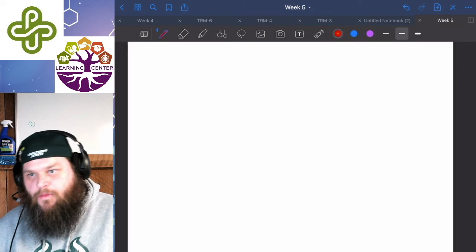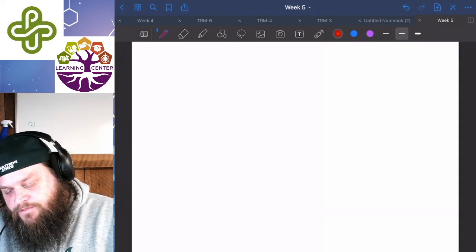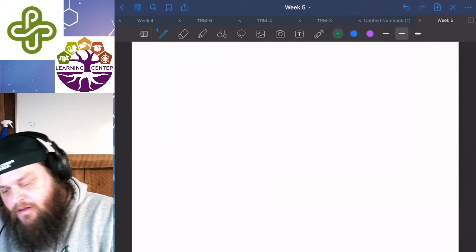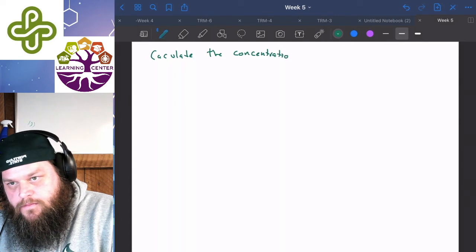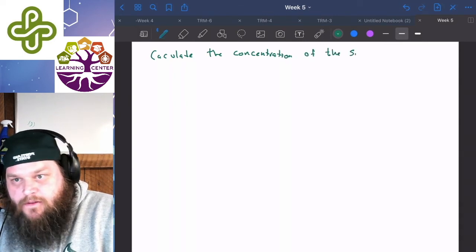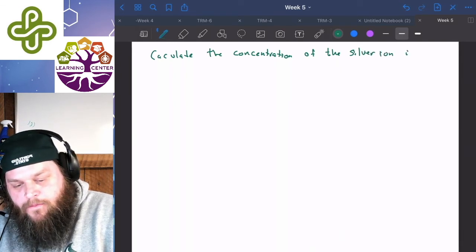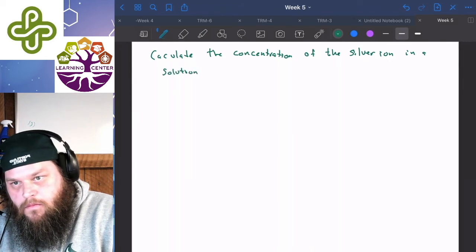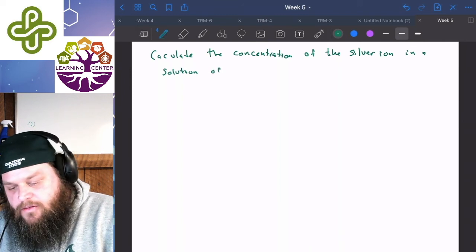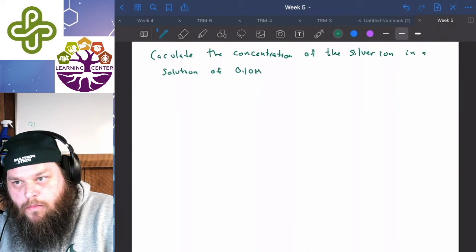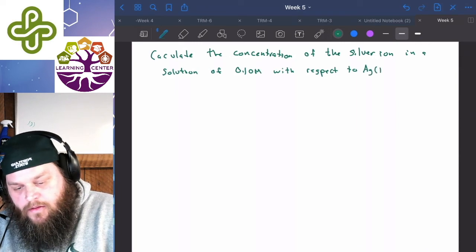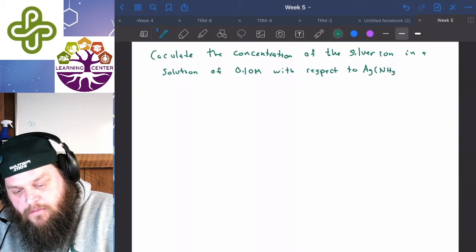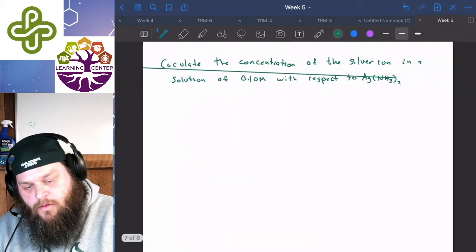So let's try a problem with this. Calculate the concentration of the silver ion in a solution with a concentration of 0.10 molar with respect to Ag(NH3)2+.